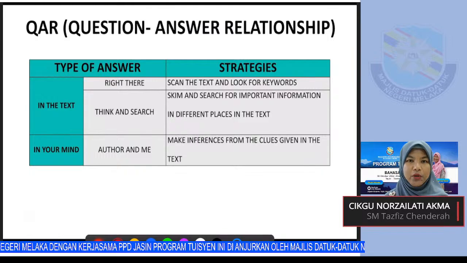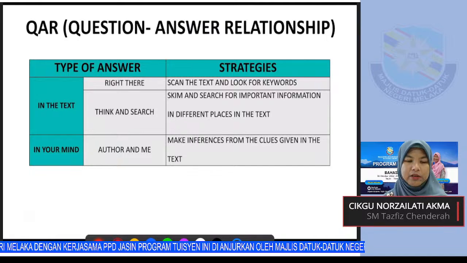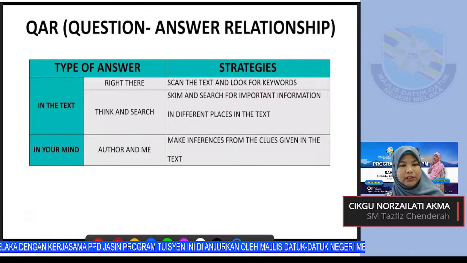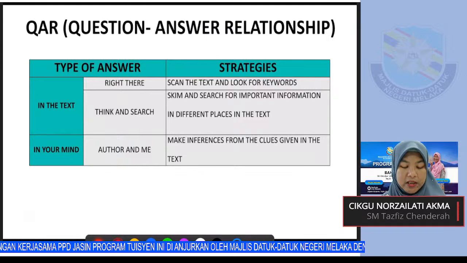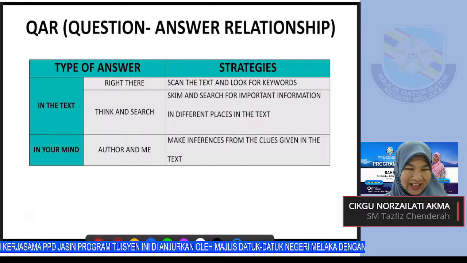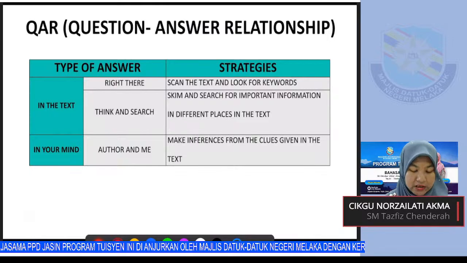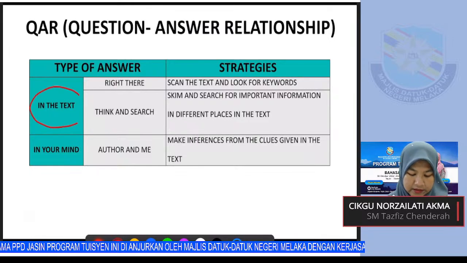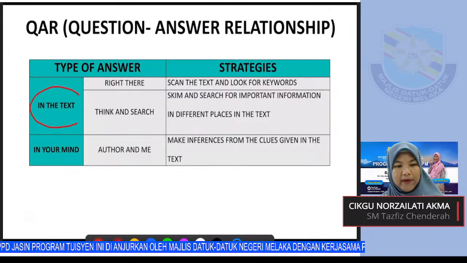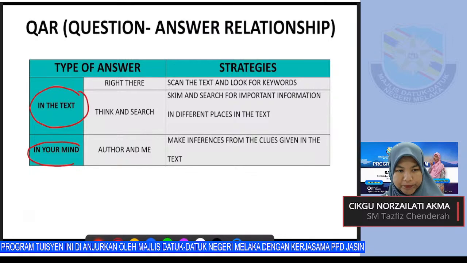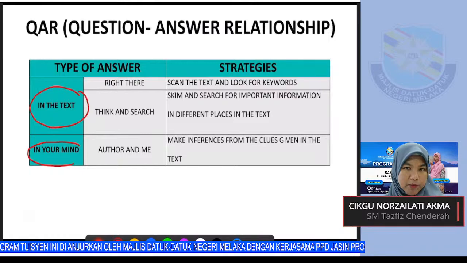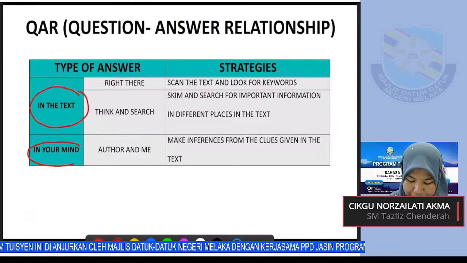For the type of answer, there are two types. First, the answer that you can get straight away from the text, and another type is the answer in your mind.